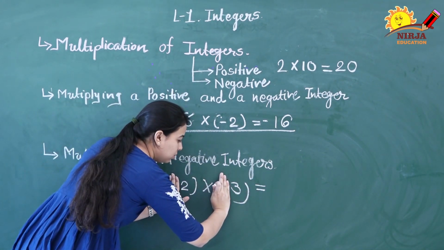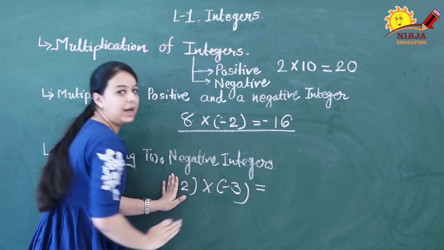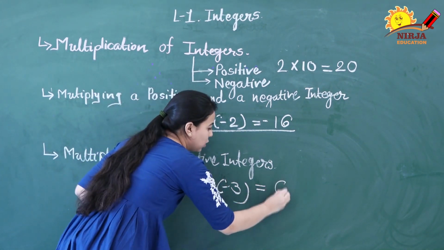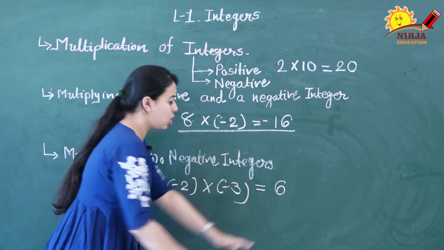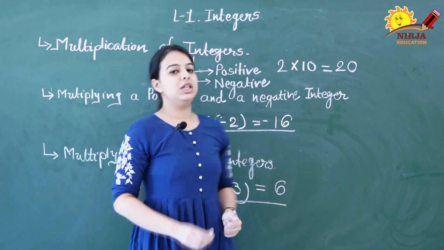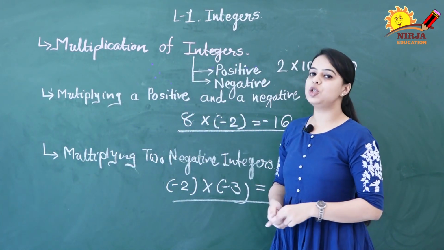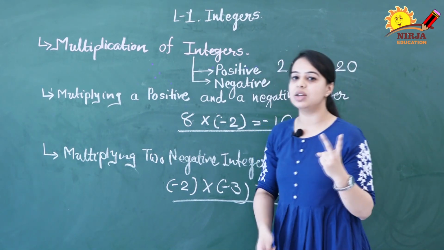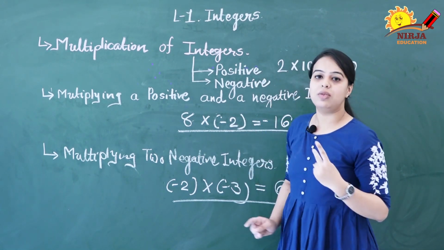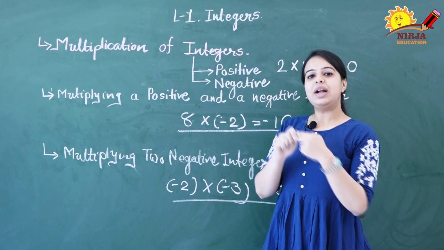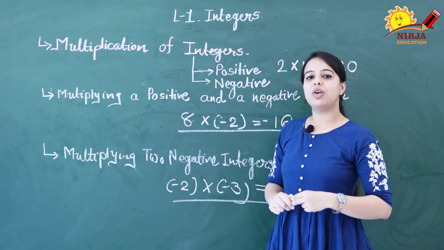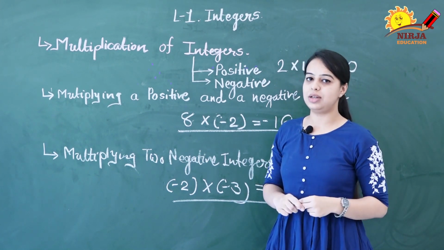What is left? 2 multiplied by 3, which is equal to 6, and this is your answer. So from this we can conclude that if we multiply two negative integers, then the multiplication will always be positive.